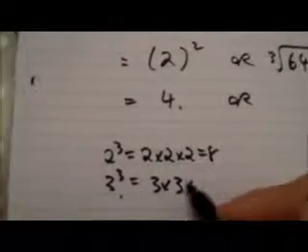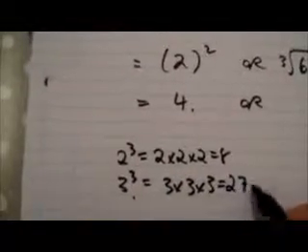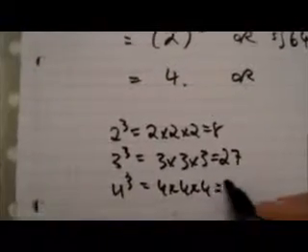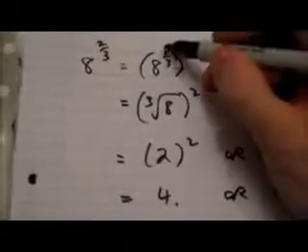So that's no good. 3 cubed is 3 by 3 by 3, that's 27. So that's no good either. And 4 cubed is 4 by 4 by 4, that's equal to 64. So 4 is the cube root of 64. So either way I do it, I can do it with the fraction inside and then the square, or I can do it with the square inside and then the fraction on the outside. Either way I'll end up with the same answer.